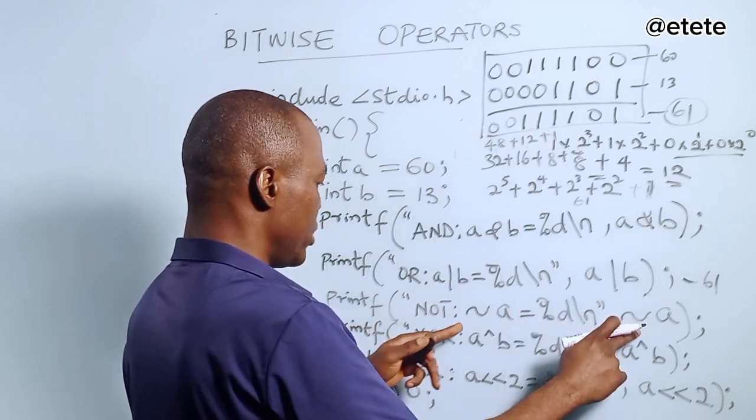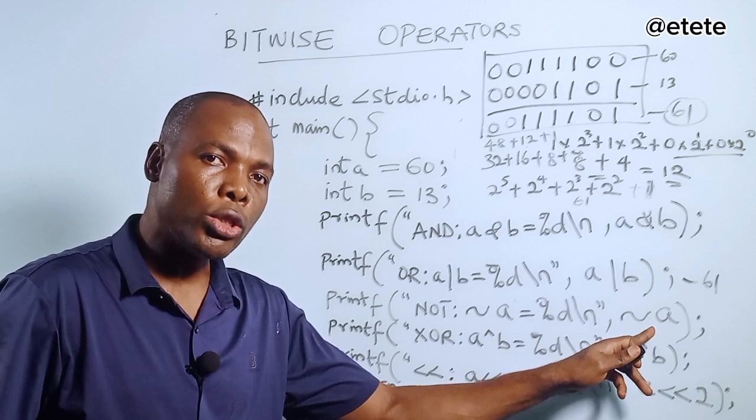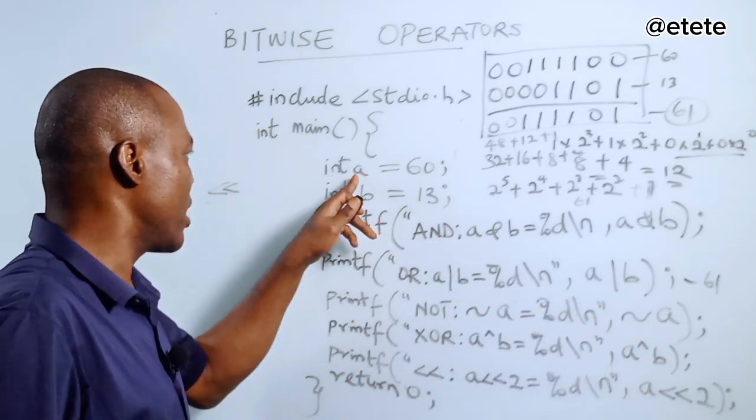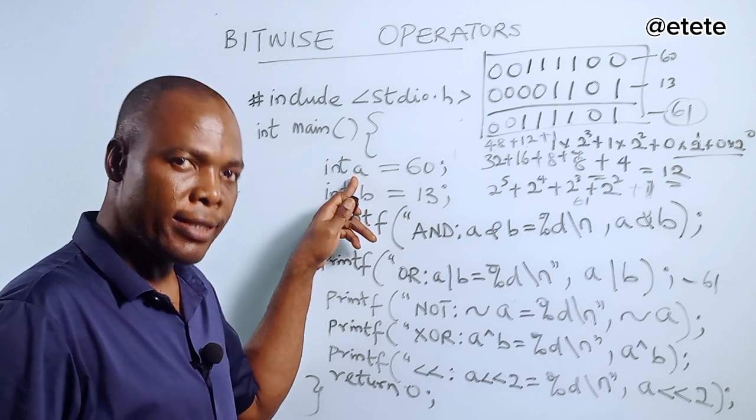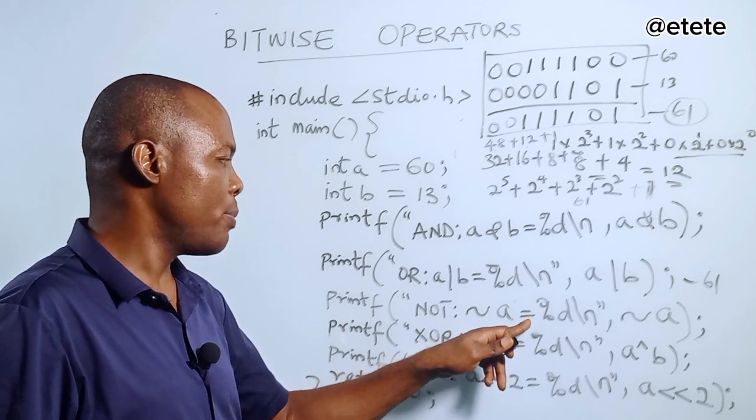Then we are going to do this NOT. Now, with this NOT, you will really be able to appreciate what I meant when I said unsigned and signed. This is a signed integer. So we are going to flip.